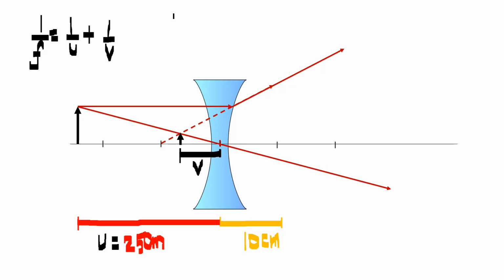Nobody got the answer. Okay, let's try. So 1 over F. What is F? 10. What answer did you get? Who got it?